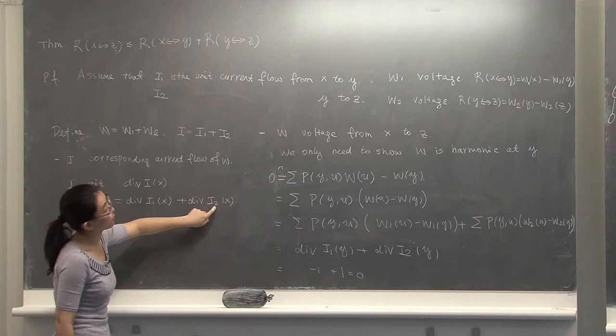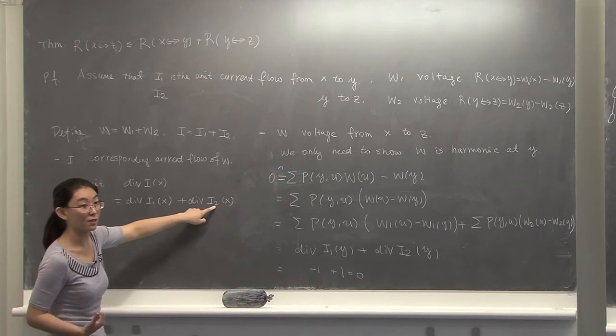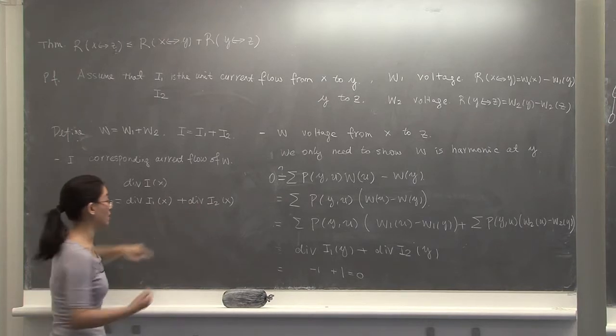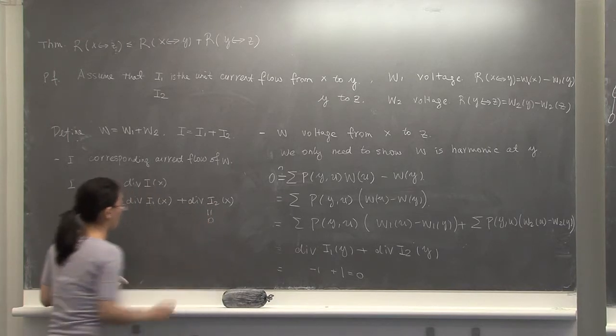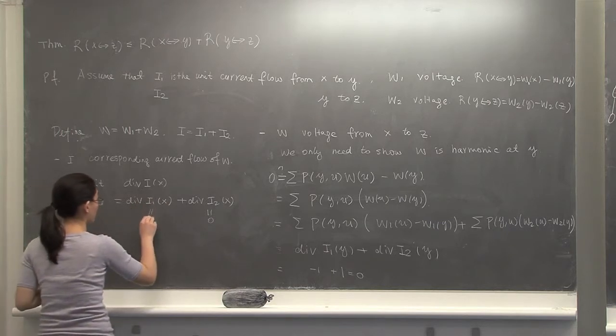For I2, the divergence outside y and z, flow in equals flow out, so this is always 0. And for I1, x is the source of I1, so this one is 1.